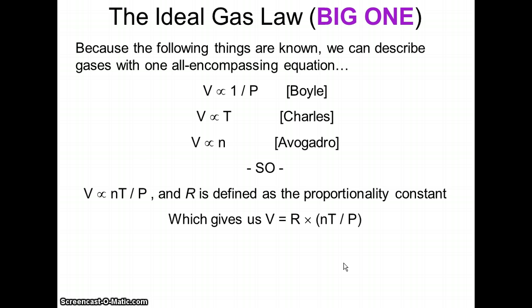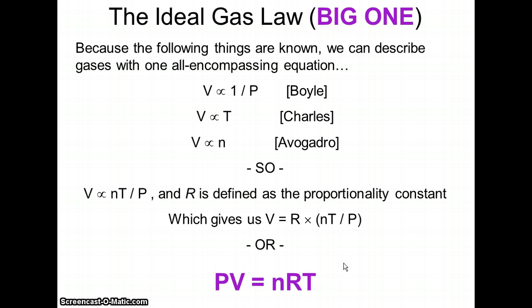If we want to put this in a more familiar form that maybe you've seen before, and put it into this huge, big, overriding equation called the ideal gas law, we get PV equals nRT. You'll hear me throughout the year refer to this as the Pivnert equation. Essentially, this combines all the different factors that affect gases, and all the other gas laws can be derived from this one simply by holding whatever variables need to be constant.